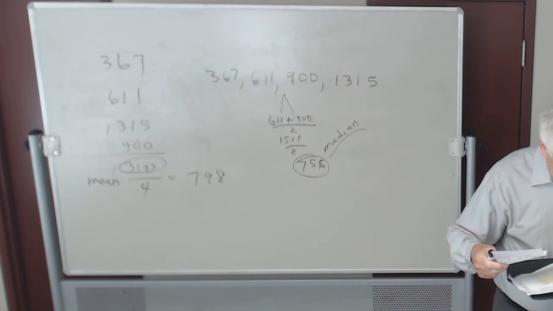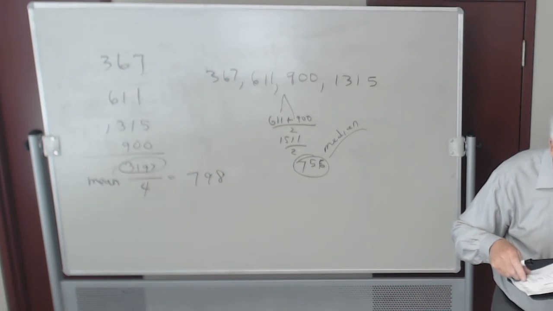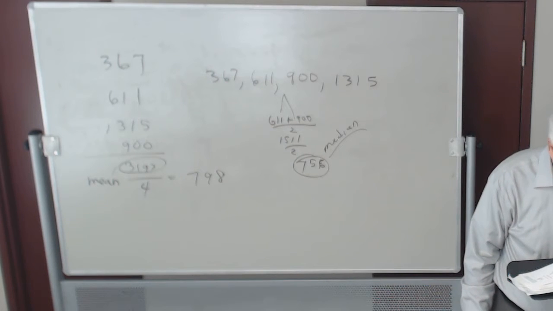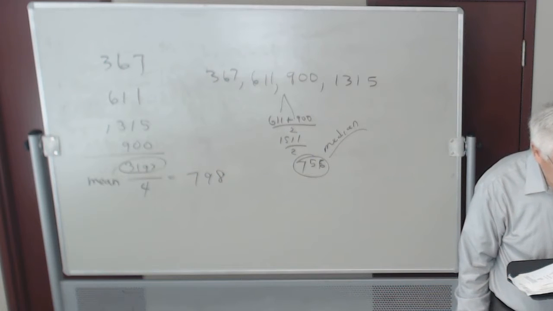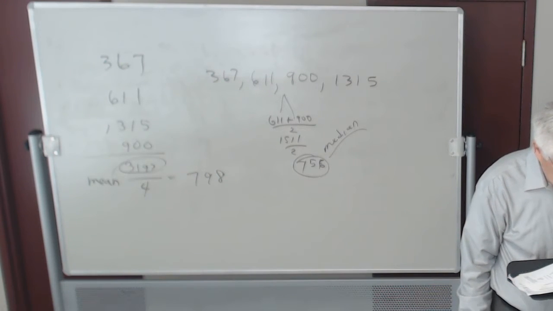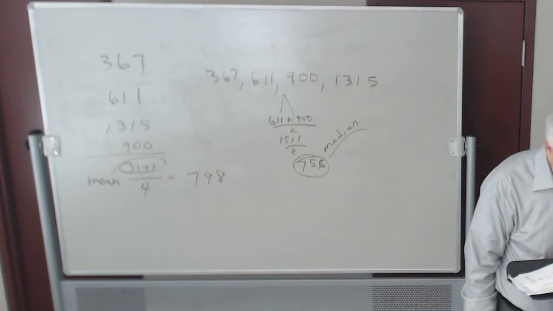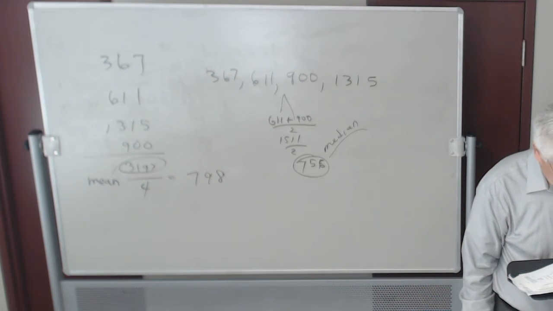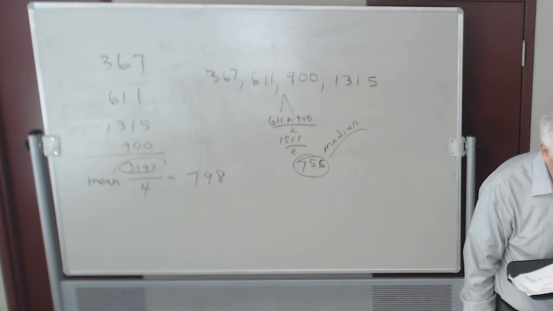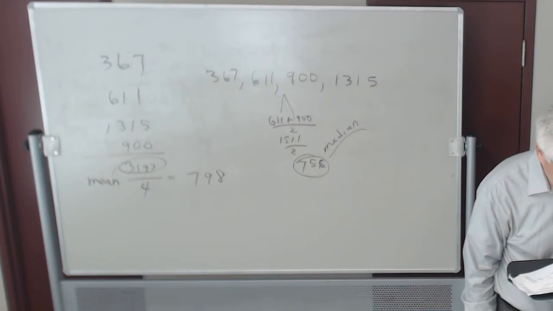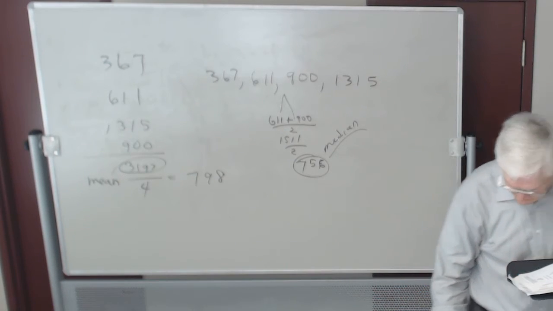Number 26. General Motors vehicles from 95 to 98. Find the mean average of General Motors vehicles from 95 to 98.